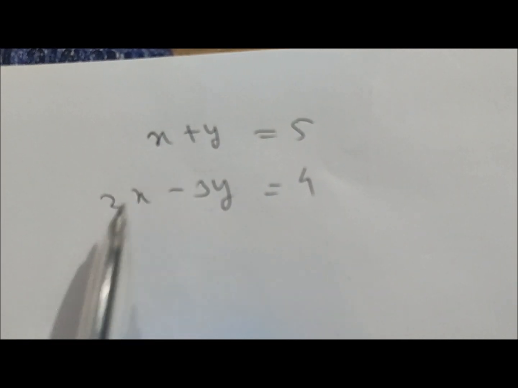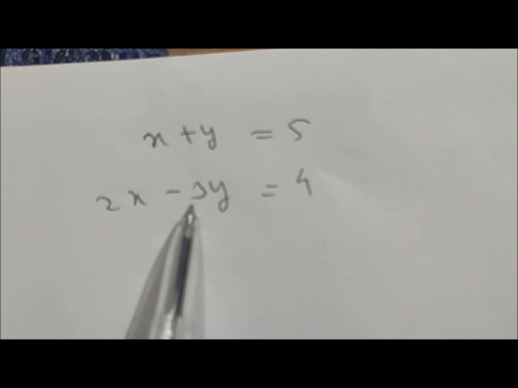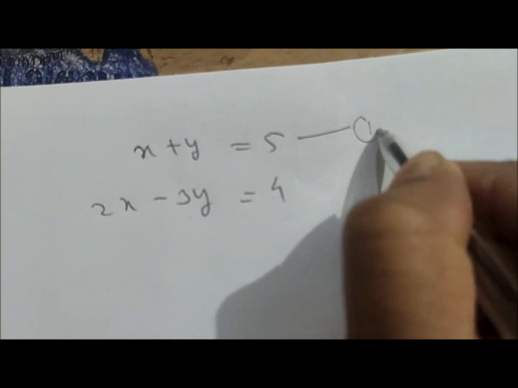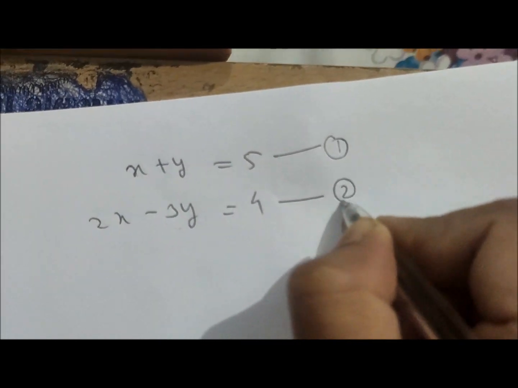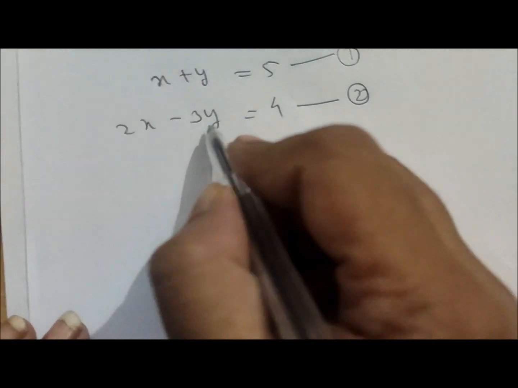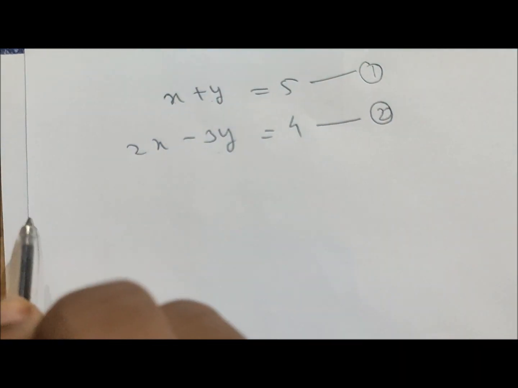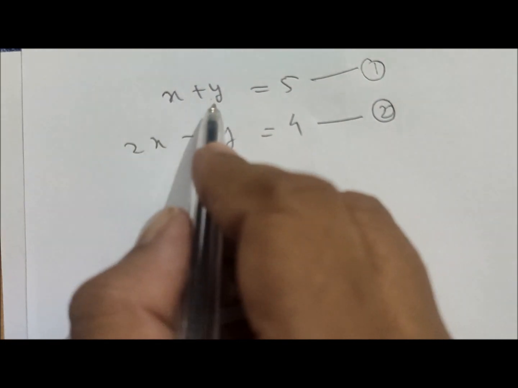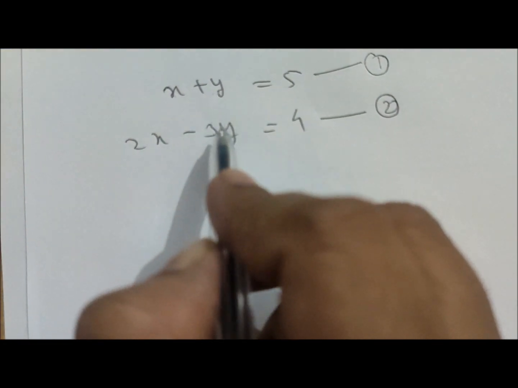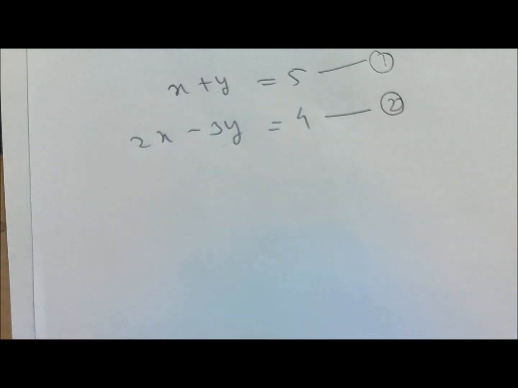Here the coefficient of y is 1 and the coefficient of y is 3. So we can label this as equation 1 and this as equation 2. If I multiply equation 1 by 3, then the coefficient of y will become 3y, and if we add these two equations, then we can eliminate this variable.